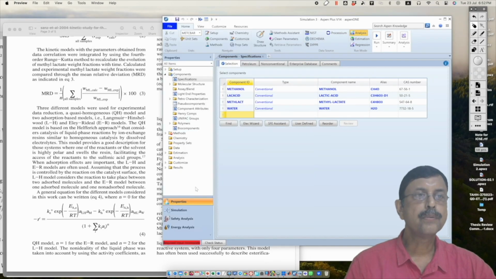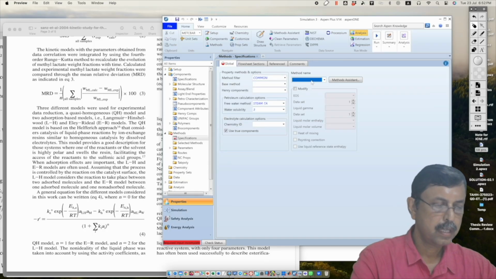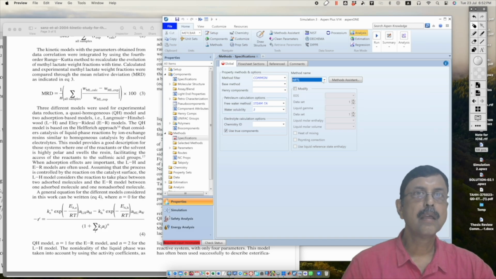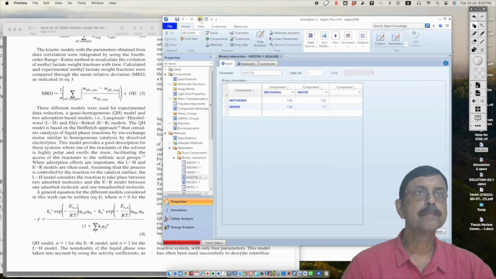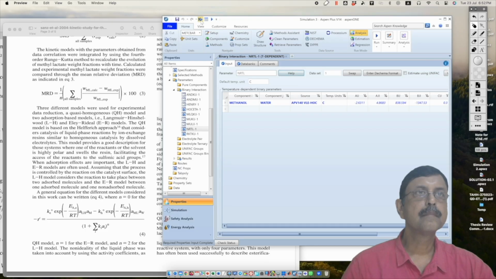So we will use NRTL-HOC property. Okay, now go to the simulation.